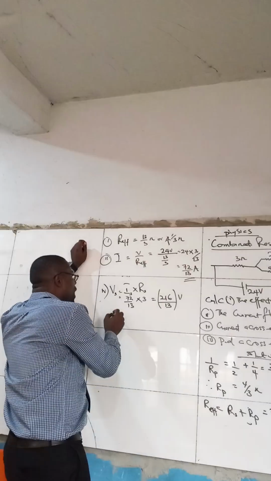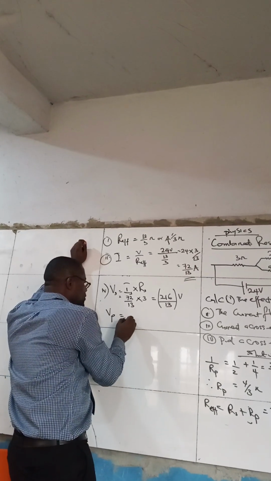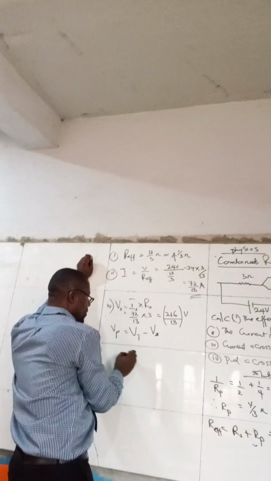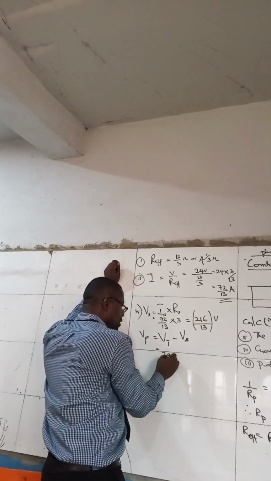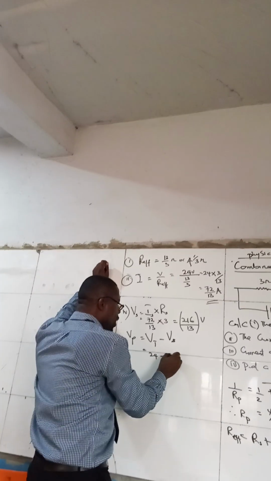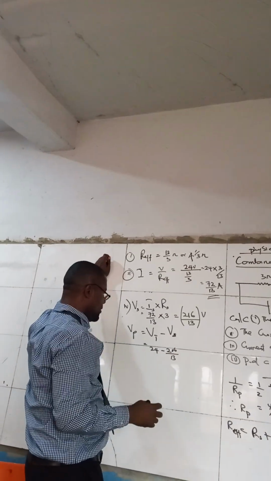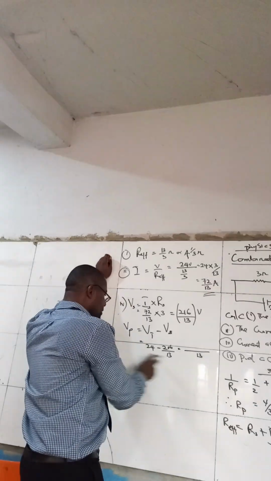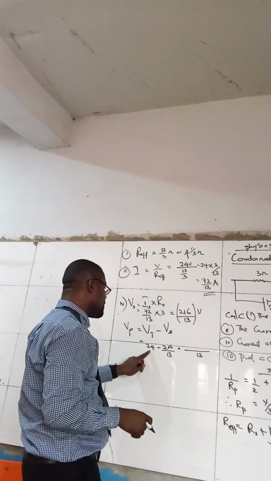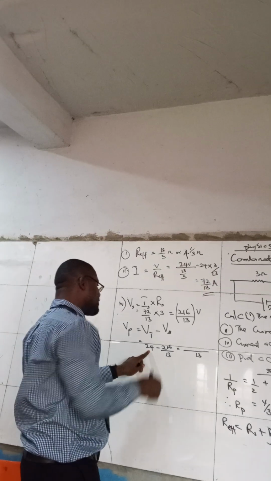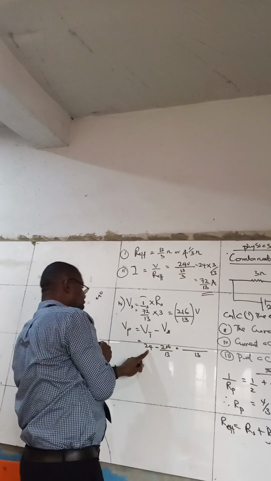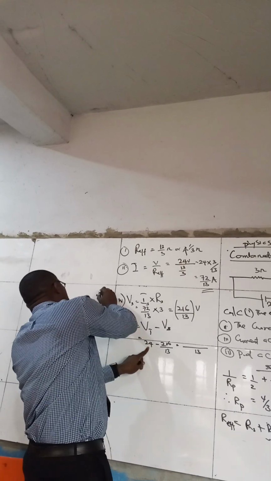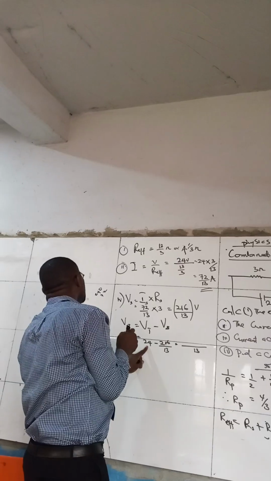We can also get our voltage in the parallel as the total voltage in the circuit minus the voltage in the series. So the total voltage is simply 24 minus 216/13. The LCM here is simply 13. 13 times 24 gives 240 plus 72, so we have 312.